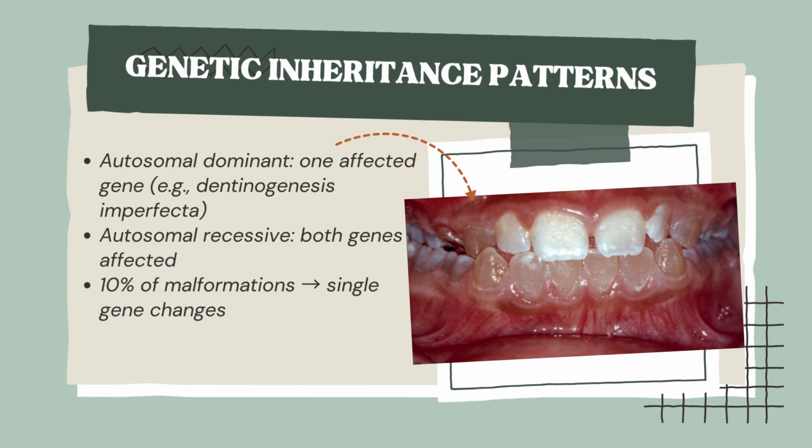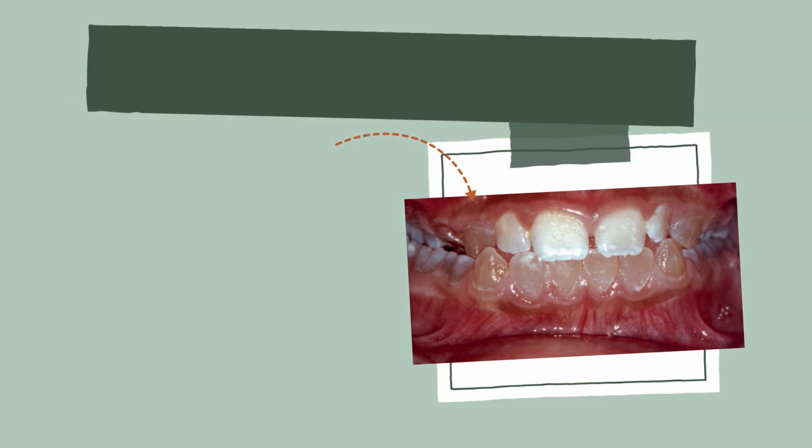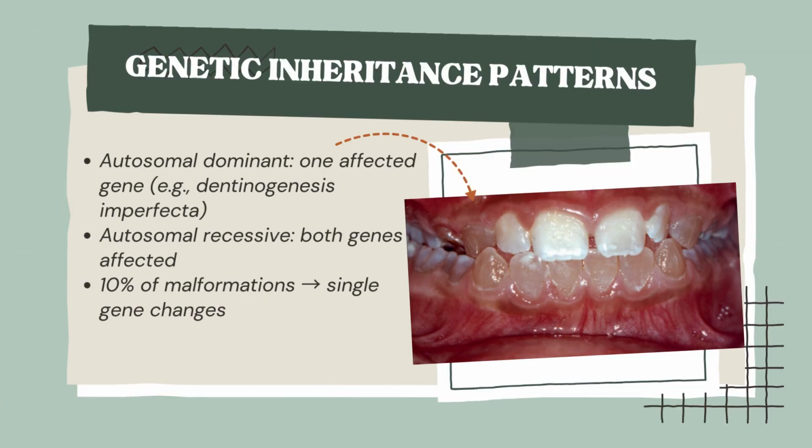Examples include dentinogenesis imperfecta and osteogenesis imperfecta. On the other hand, autosomal recessive conditions such as certain types of microcephaly or cystic fibrosis require both parents to contribute the defective gene. Understanding these patterns helps us connect genetics to dental tissues and craniofacial development.